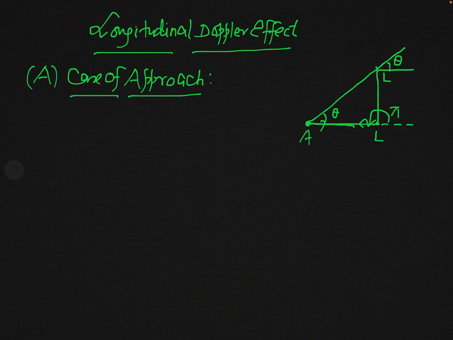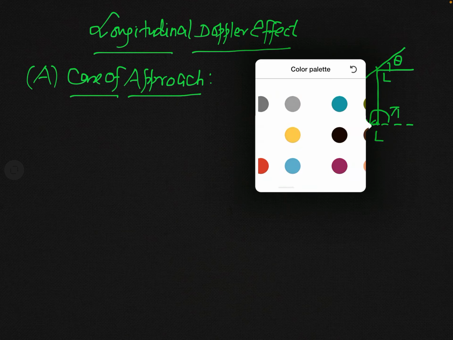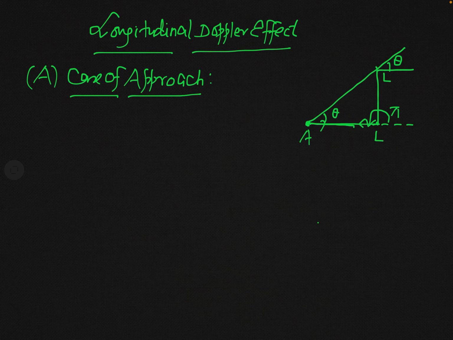Another situation may be that one of them is stationary. Let us say the observer A is stationary and the source L is directly moving towards the stationary observer. The third situation may be that the source L is stationary and the observer A is moving towards the stationary source.